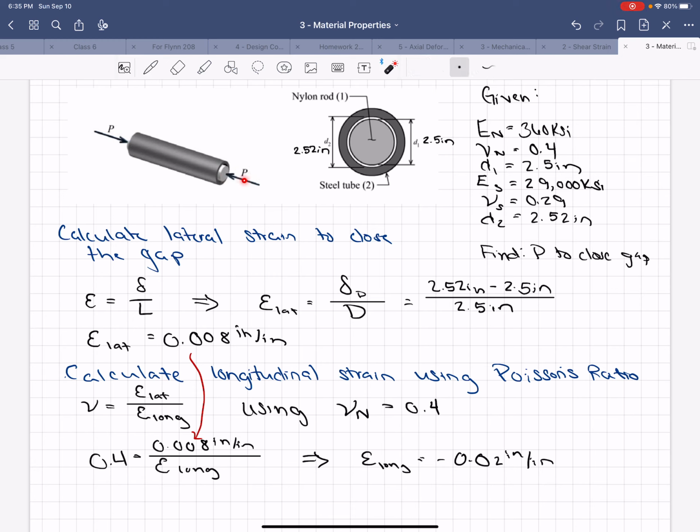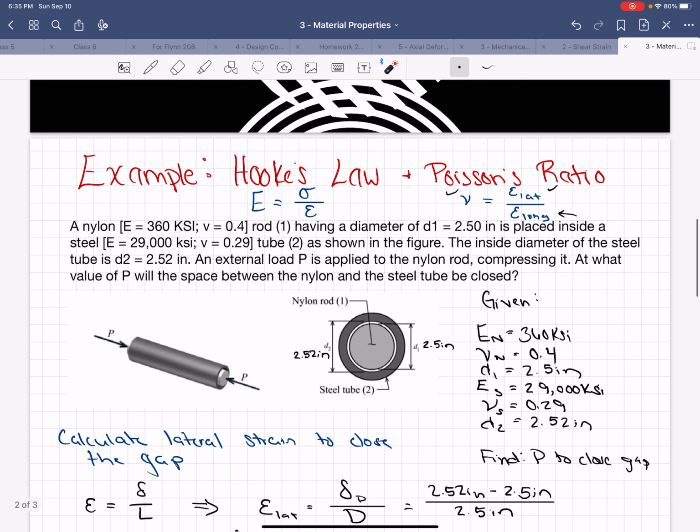All right, the reason we need the longitudinal strain is because we're squishing this in the longitudinal direction. Now that we know the longitudinal strain, we can use Hooke's law because we know this strain. We know E, we're going to use E of the nylon, and we can calculate the stress.